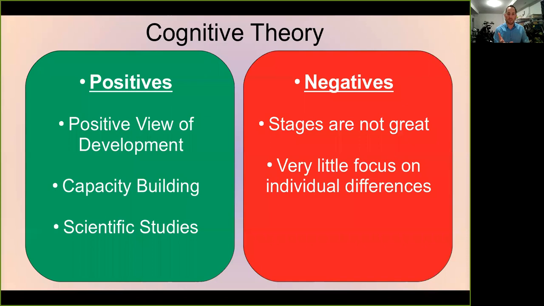So some positives of this view is that it gives a positive view of development, that people can use agency to choose things, they can change the way they're going to be, they can consciously realize their motivations versus psychoanalytic or Freud, who thought you were just completely driven by unconscious motivators. There was an emphasis on the capacities we can build, and there was a lot more scientific studies. So there was research done, and we'll talk about research methods in a few minutes. So they started to do actual scientific research studies.